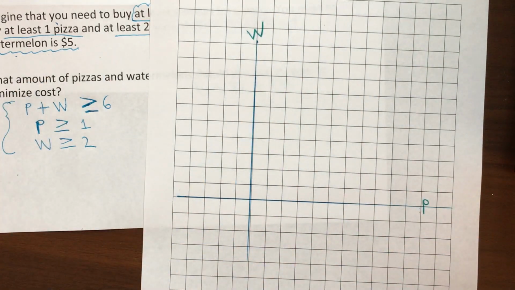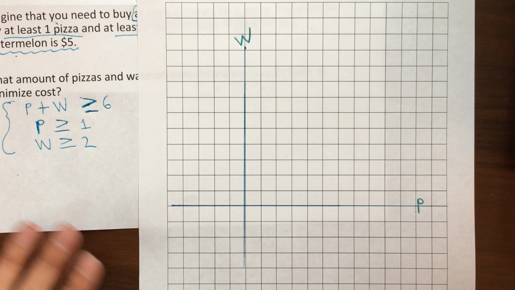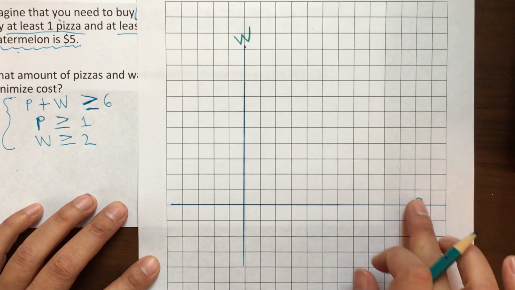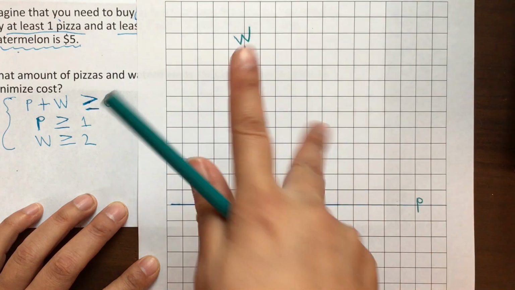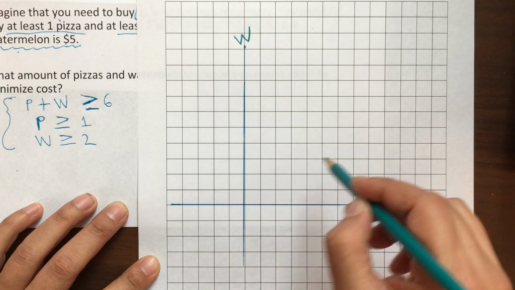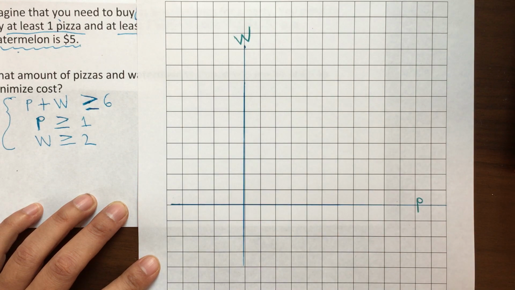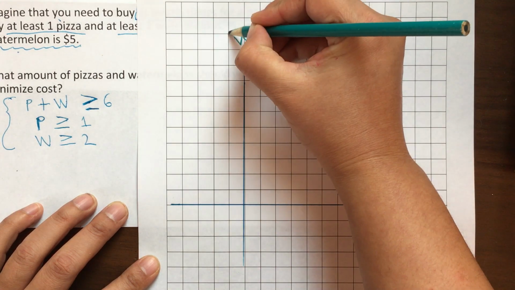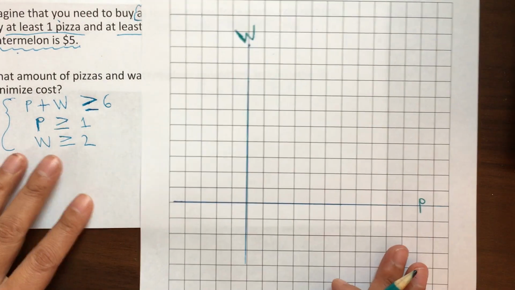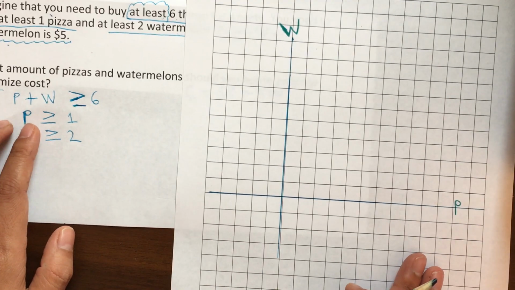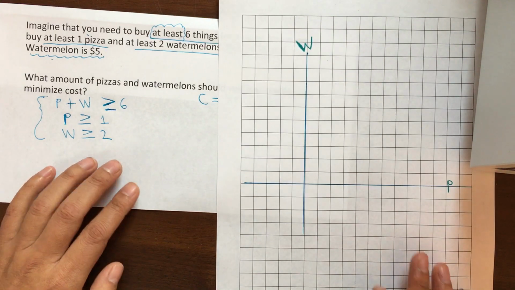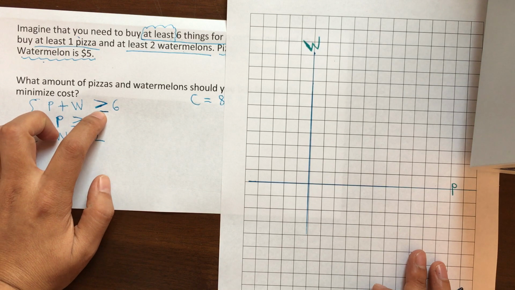I usually like to keep myself organized with alphabetical order to make it easy for me, but again, if you switch the P and the W, it won't make a difference. It will look different, but once you find the vertices, you will find the same information, okay? So it won't matter. Okay, so it says that P plus W is greater or equal than 6.